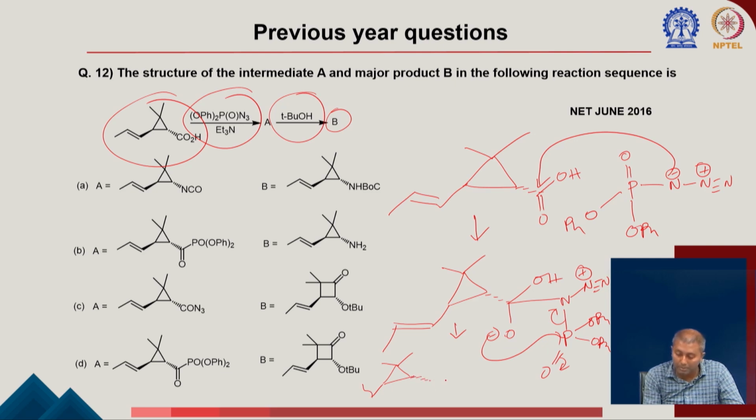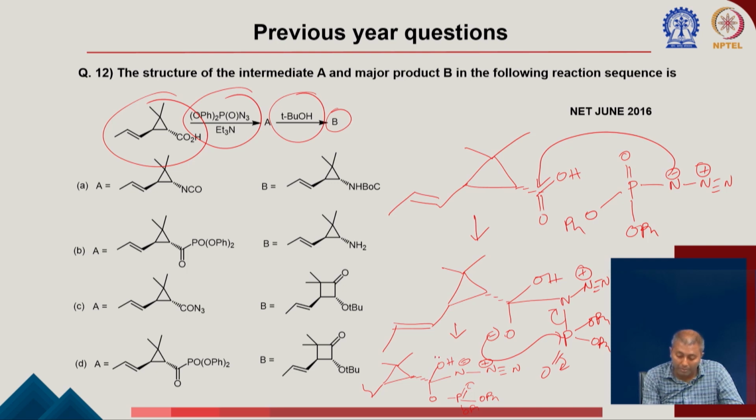So here what you are seeing is OH, you have O, PO, and then N minus and N triple bond N plus.